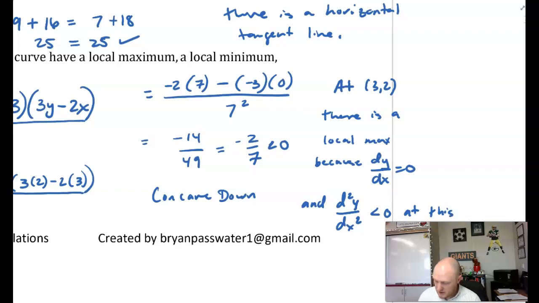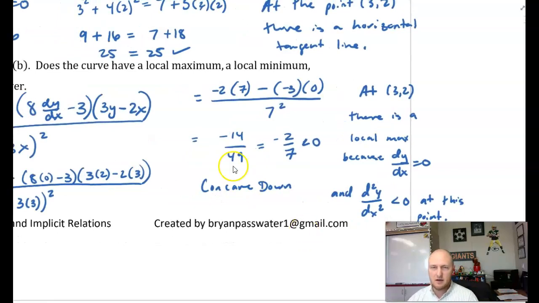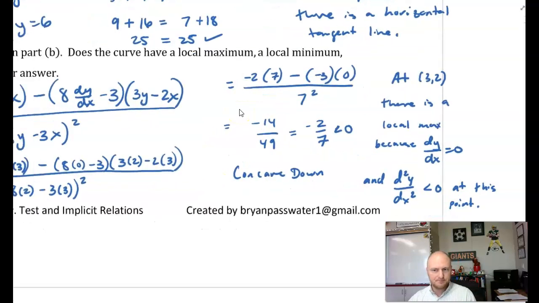Okay, and there you have it. That's how you use implicit differentiation along with a second derivative to tell if a point has local extrema.